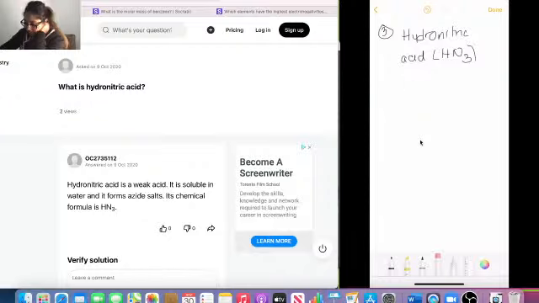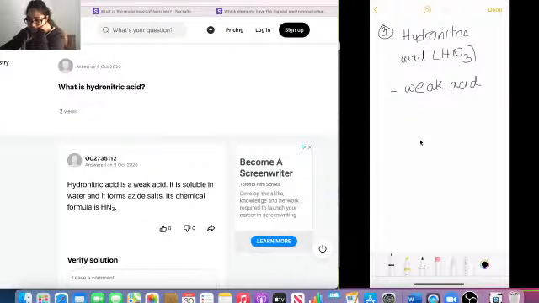Okay, and so this is also considered a weak acid, and it is soluble in water, right?